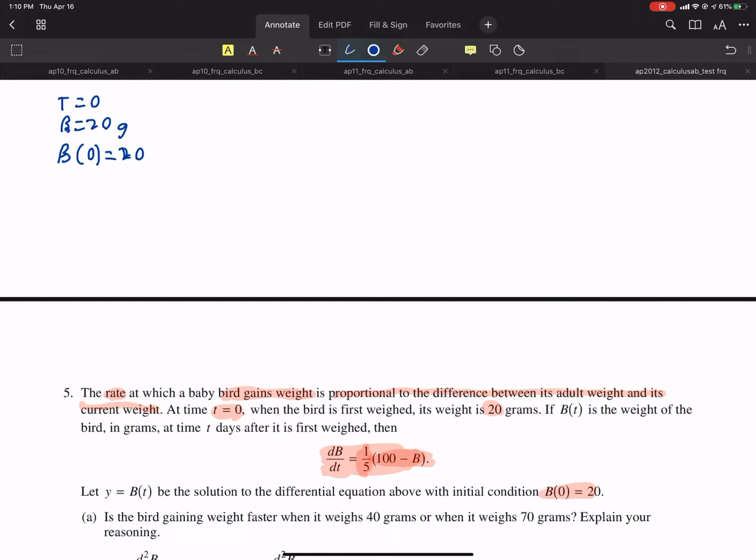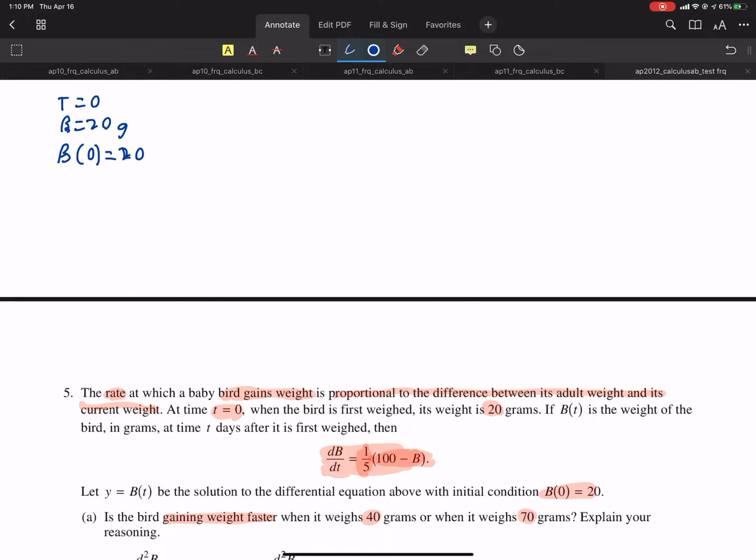So part A: is the bird gaining weight faster? So we need to determine what that means. When it weighs 40 grams or 70 grams. Gaining weight faster means the change in its weight as time changes is greater. Or in other words, is dB/dt, the derivative, greater at 40 or greater at 70.